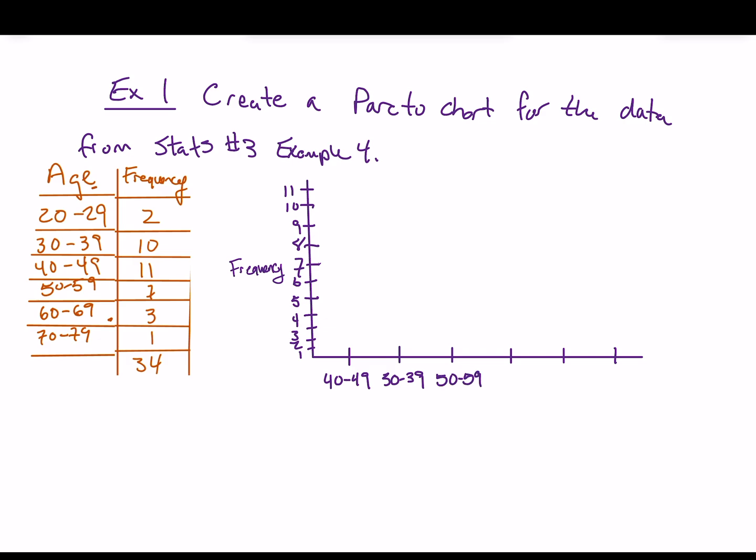Next one looks like it's 50 to 59. And then 60 to 69. And then 20 to 29. And finally 70 to 79. Okay, and then we can draw bars with the height being the frequency. So the height of 40 to 49 is 11. We can draw a nice bar there. And then for 30 to 39, our height is 10.